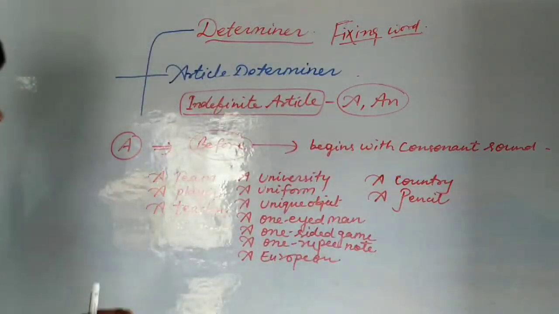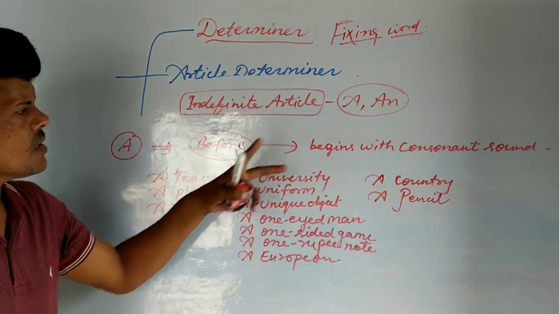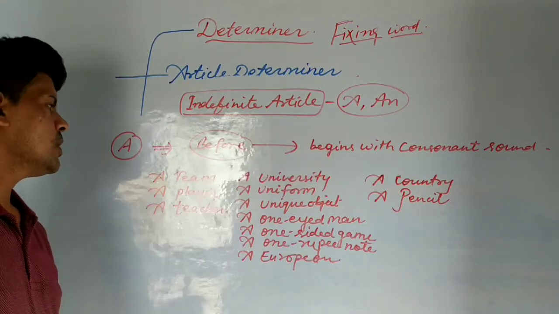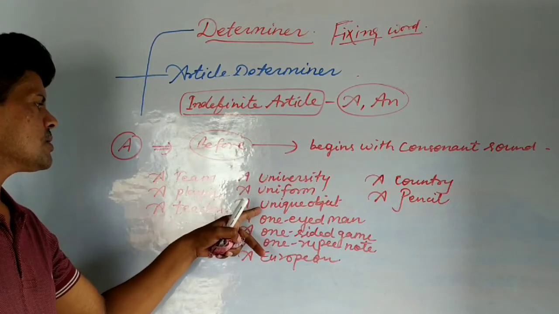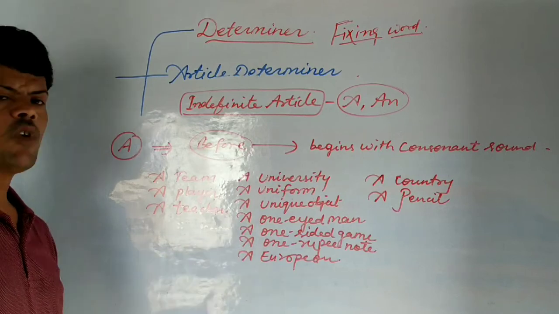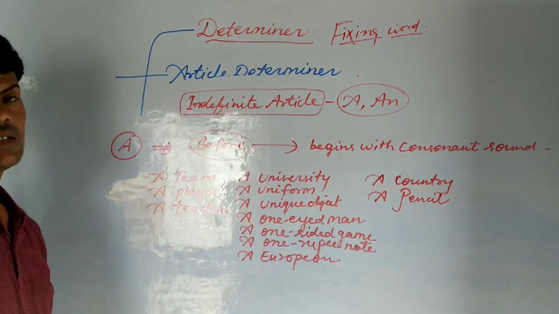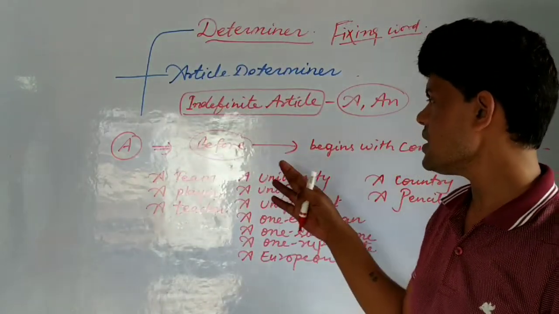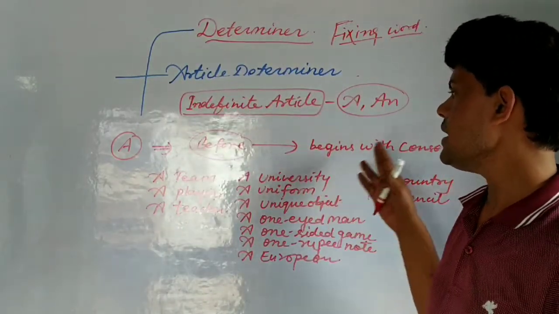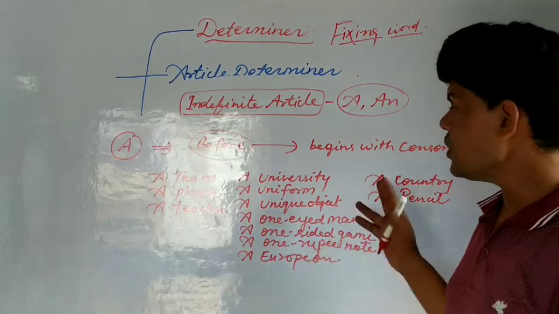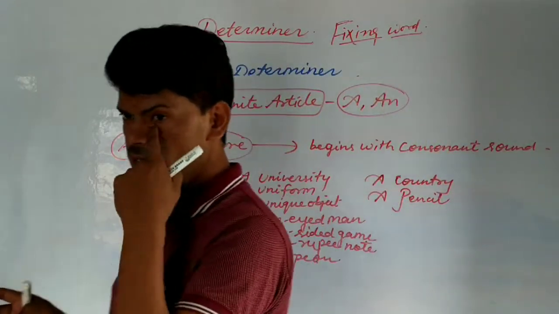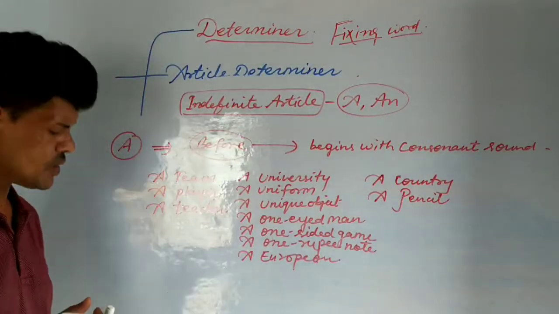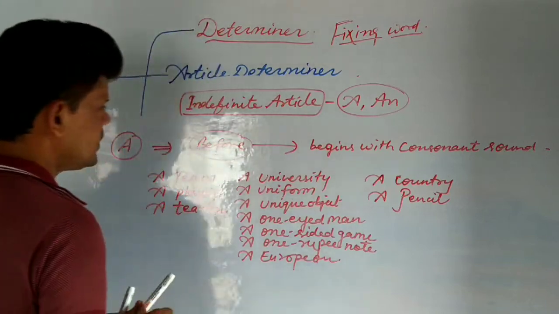Okay? Before consonant sound. Here these are vowels, but in the pronunciation of these words, the first letter of the word is like a consonant. So before these types of words we always use a. Okay, students?